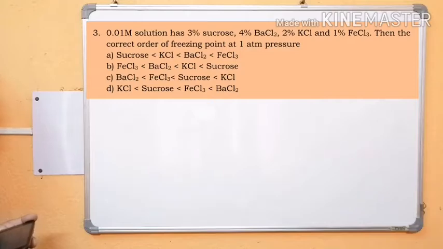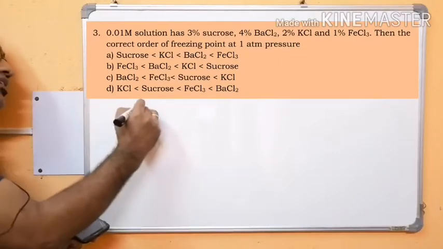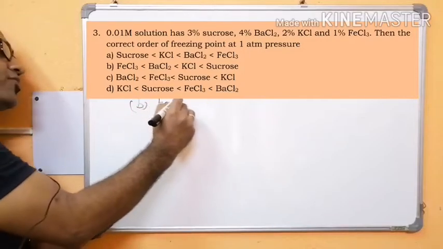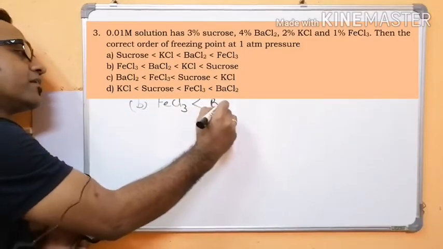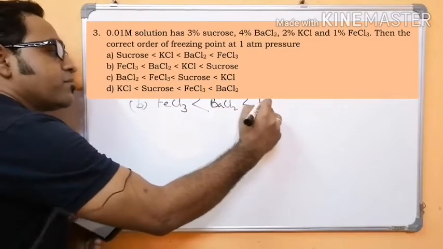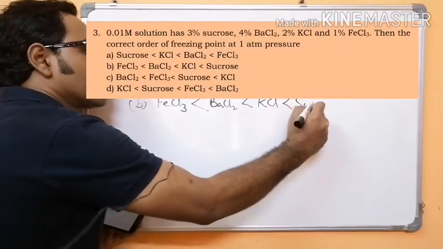So in case of ferric chloride, number of particles is more, that is i value is maximum. So freezing point will be minimum in case of ferric chloride, and then it will be barium chloride, then potassium chloride, then sucrose. So the correct option will be option B: FeCl3, then BaCl2, then potassium chloride, then sucrose.